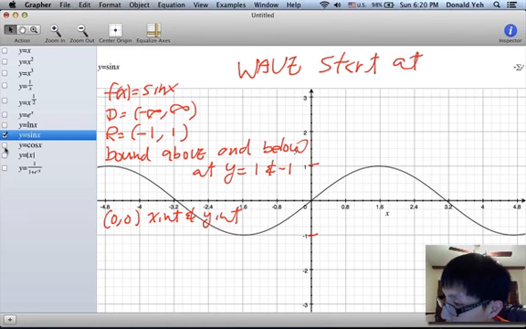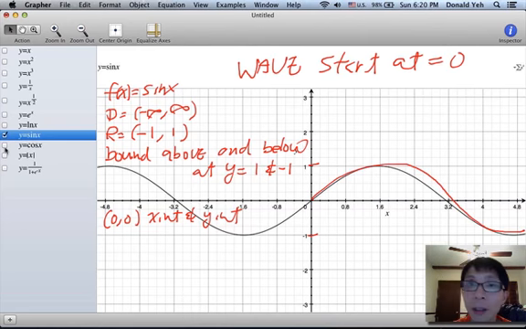It goes up and comes back down. But cosine x is different. So always remember, sine of x starts at 0.